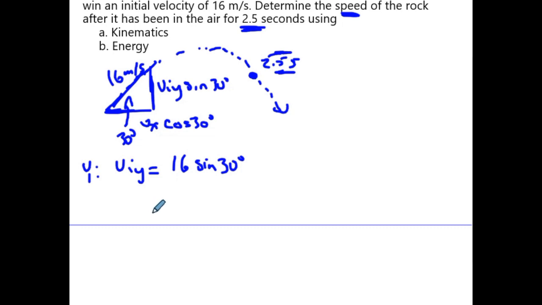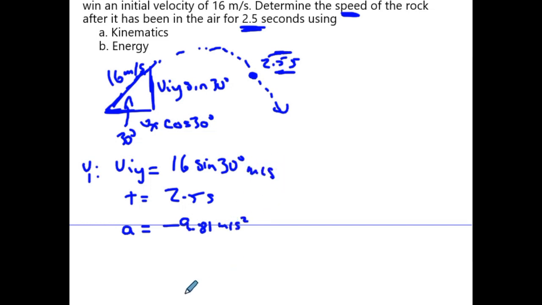So we know Viy. In the y direction, we also know our time value because it was in the air for 2.5 seconds. Furthermore, we know the acceleration due to gravity is negative 9.81 meters per second squared.